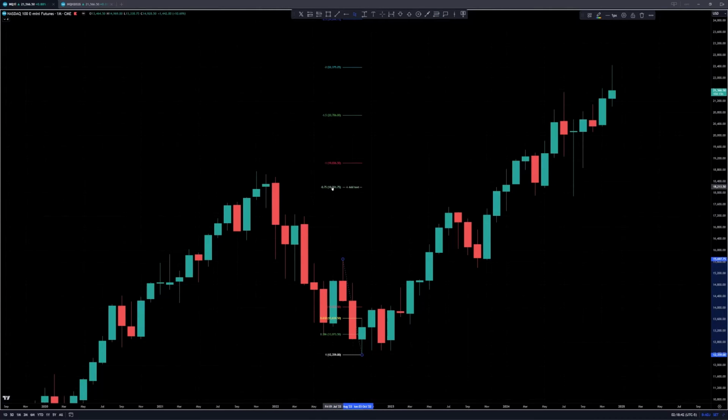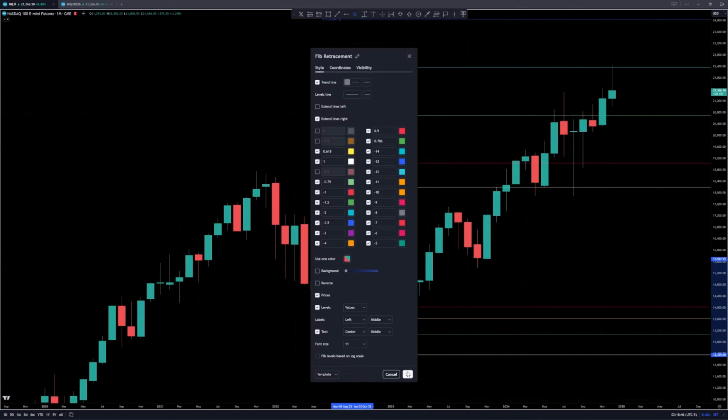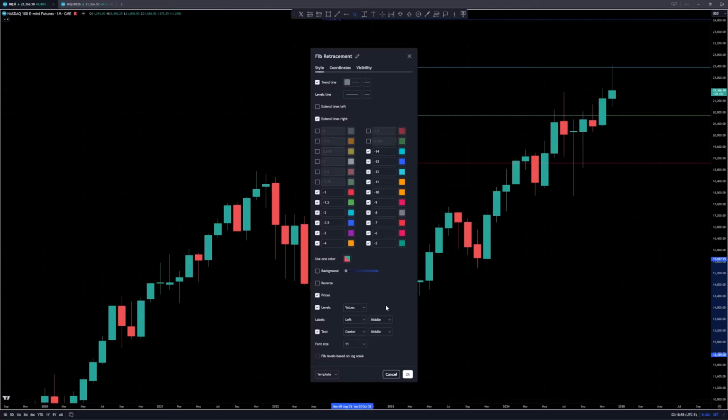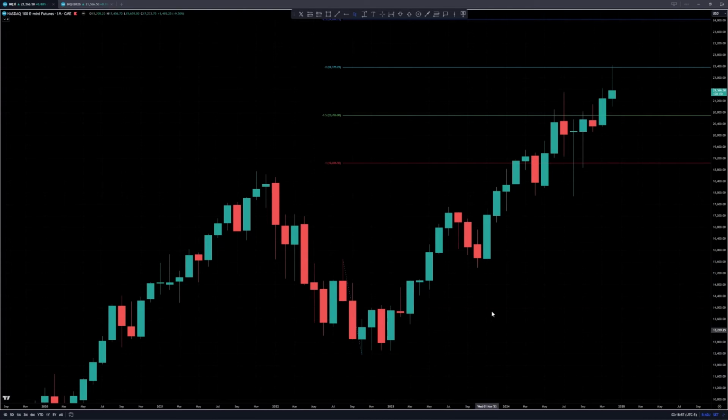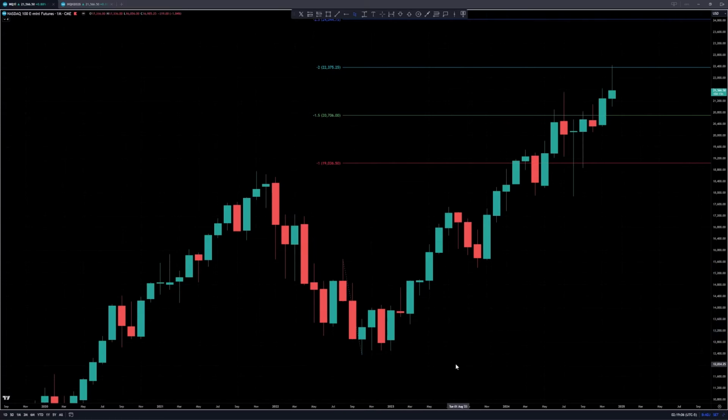This time, so that it's easier to understand, I will extend the lines to the right. I will remove those lines here, they are not necessary. And we do have a 1 standard deviation. It's so difficult to read the font size of 11.